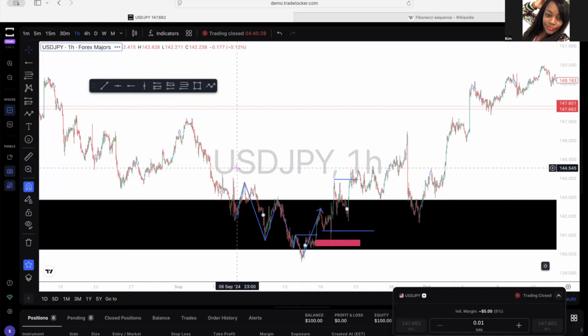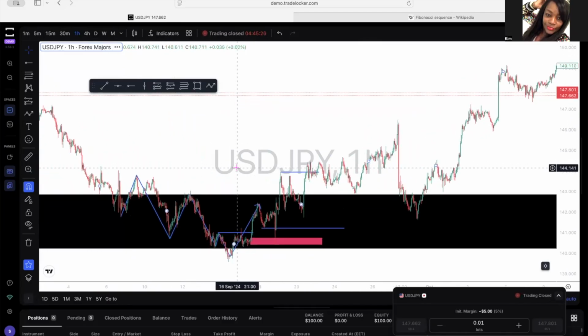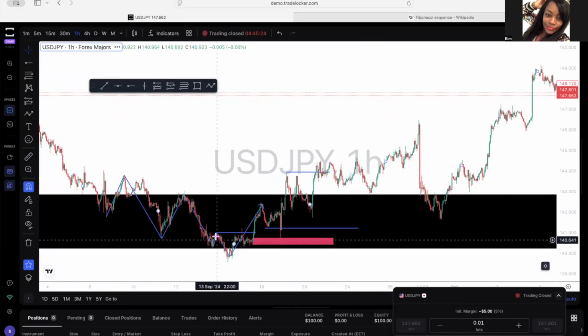But once you see a shift in structure on your 1 hour or 4 hour, whichever, it all depends on the time that you're able to look at these charts. Luckily for me, I have a job where my computer is there, although I'm not looking at my charts, but I have alerts on my phone.